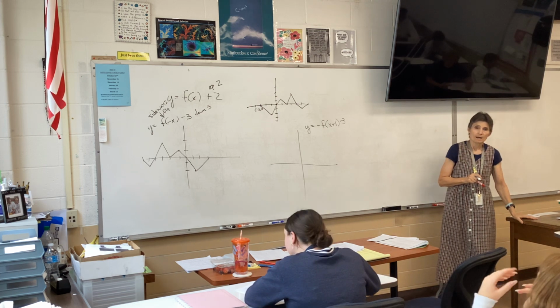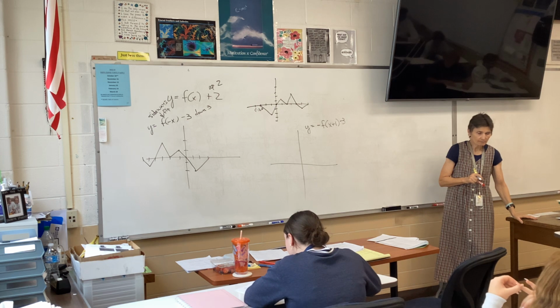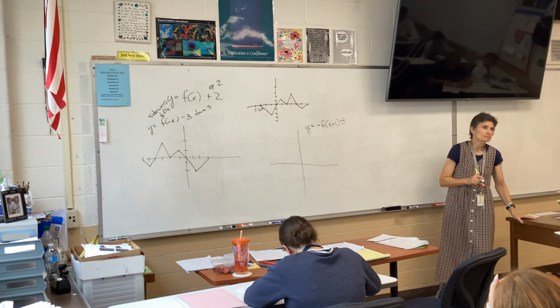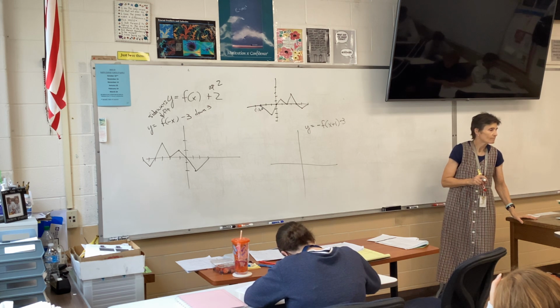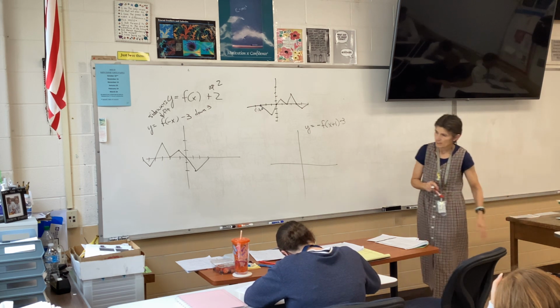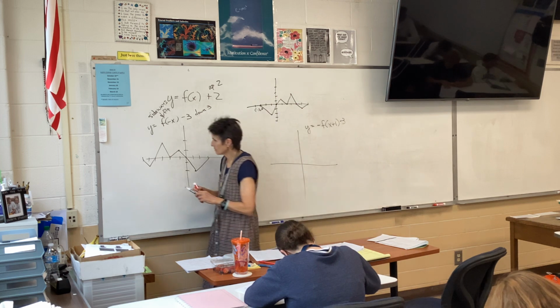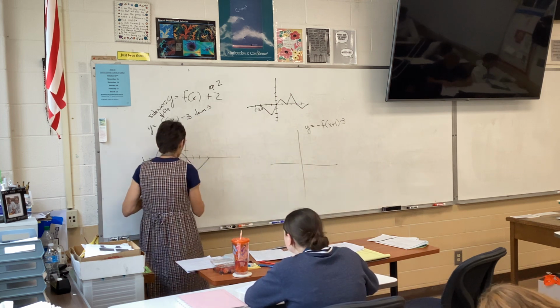Once I get the sideways flip done, now I'm going to take all of those points and do what with them? Down 3. So on graph paper, that's easy. Just take each point and move it down 3.